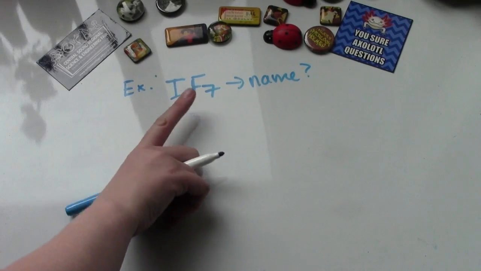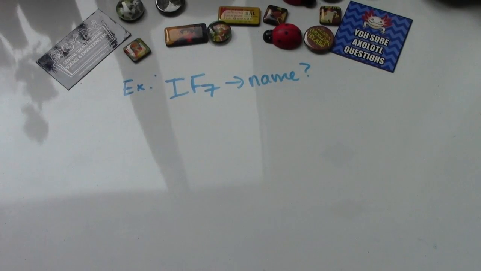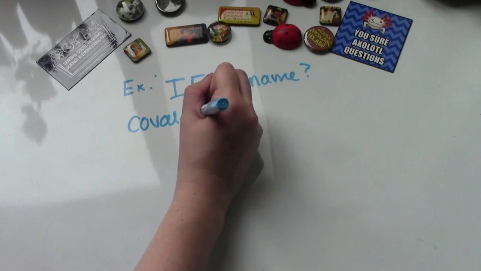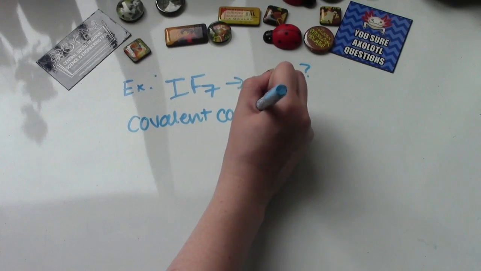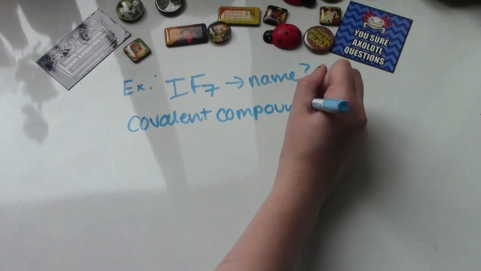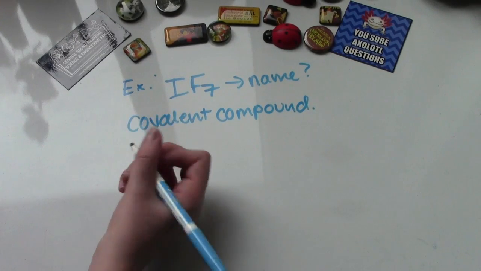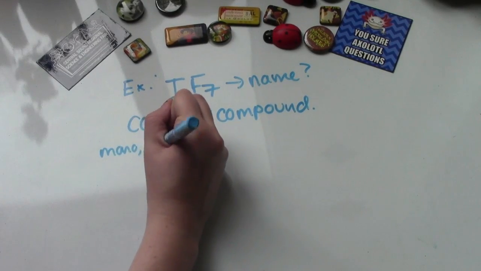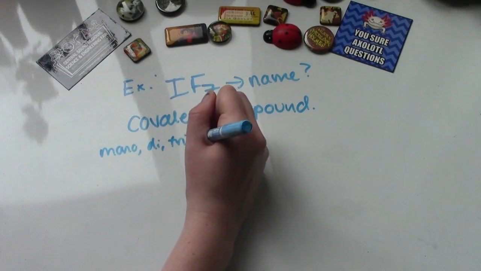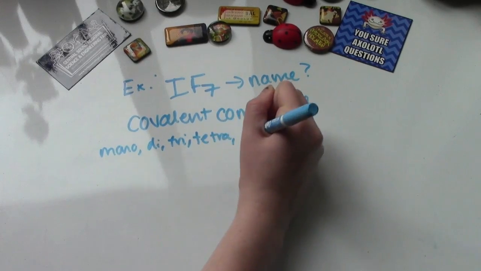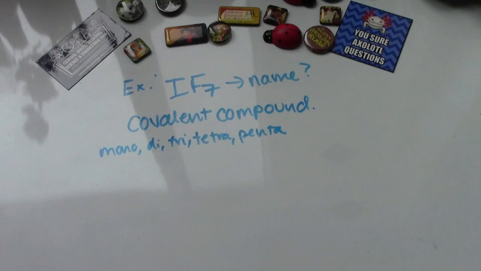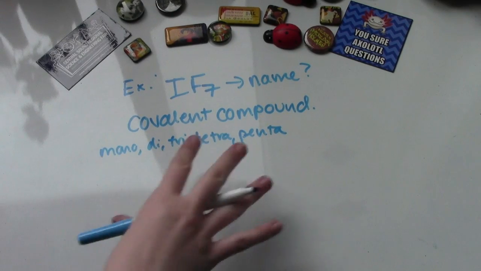Iodine and fluorine are both nonmetals, so I'm pretty confident to say that this is a covalent compound. So we're going to use our prefixes and suffixes. For reference, use the mono, di, tri, tetra, penta system. Sometimes they can get mixed up based on what you're doing, so it's important to know which naming system to use.